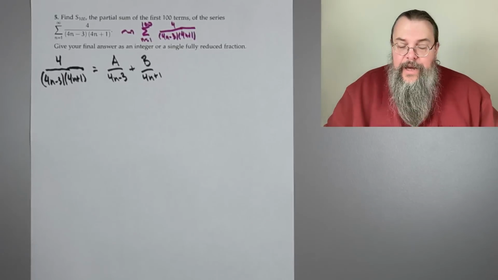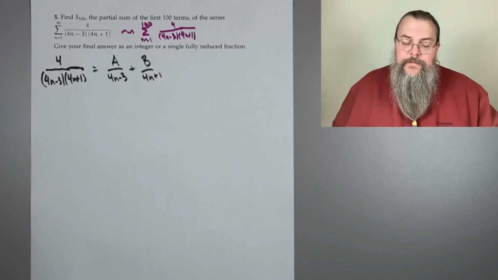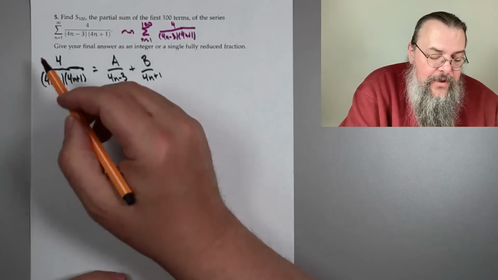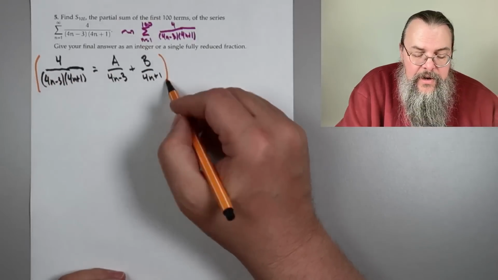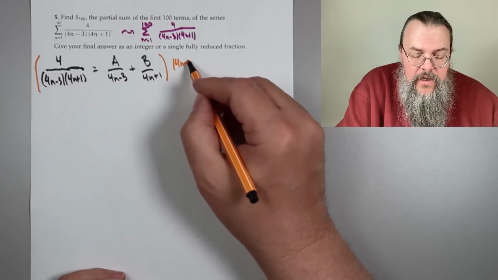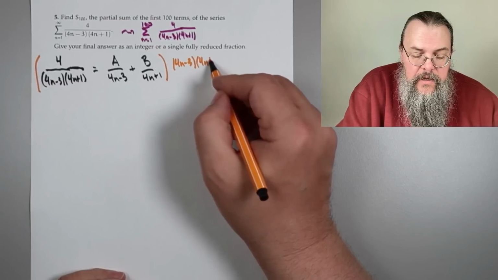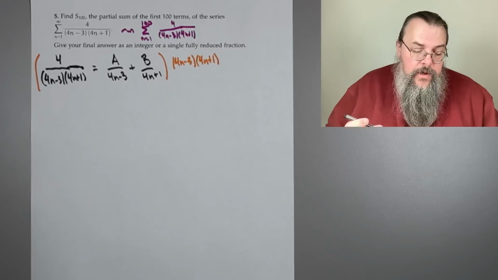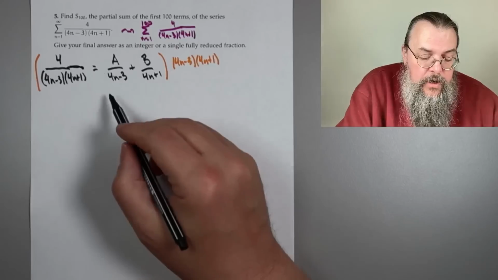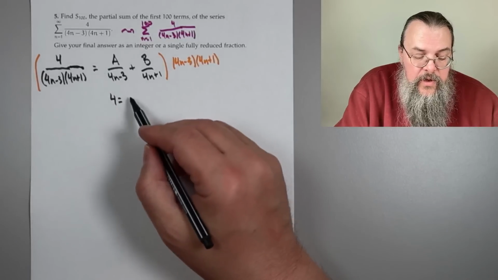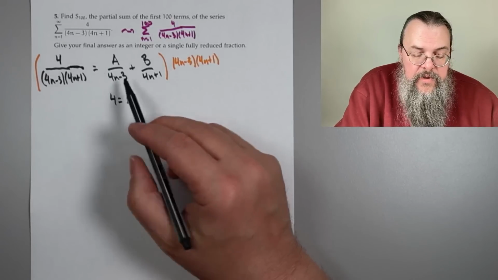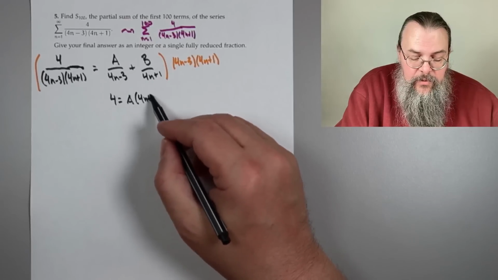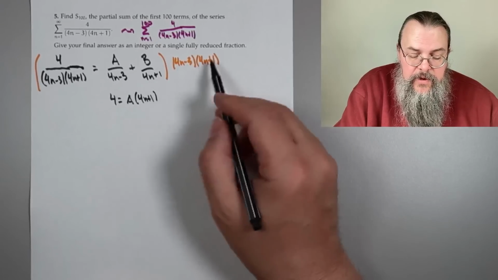As we do partial fractions, the first thing is to recognize that we need it, and then we clear out our denominators. If we do that, 4 is equal to A times (4n plus 1), since the 4n minus 3's cancel, plus B times (4n minus 3), since the 4n plus 1's cancel.